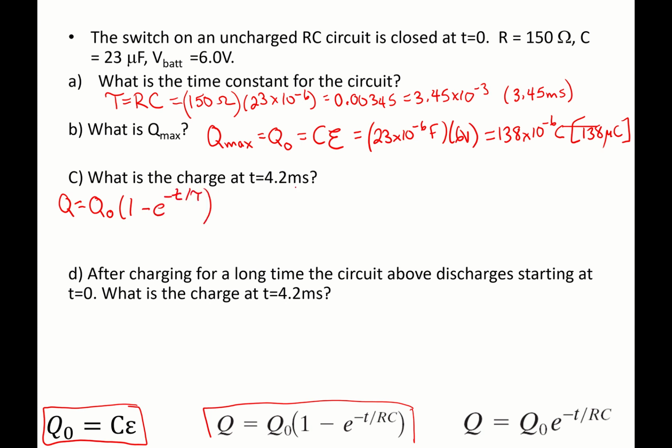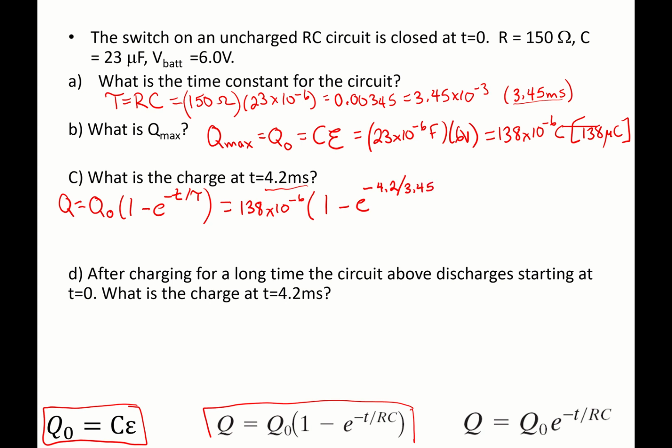Okay, so I know my t is 4.2 milliseconds, my time constant is 3.45, and my Q0 is 138 microcoulombs. So I can just put in all the numbers that I have. I just have to make sure I put it into my calculator properly. E to the negative 4.2 milliseconds divided by 3.45 milliseconds.